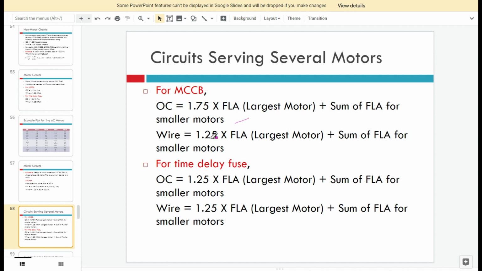For the cable, 1.25 times FLA of the largest motor plus the sum of FLA for smaller motors. Then for the fuse, we use the same equations for the overcurrent and also the conductor or wire, which is 1.25 times FLA of the largest motor plus the sum of FLA for smaller motors.